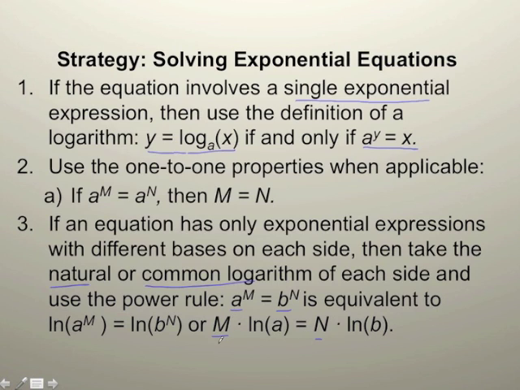Do remember, if the exponent is a longer expression like a binomial 2x plus 1, make sure you put parentheses around it and then use the distributive property, distributing the log to each of the terms in the exponent.